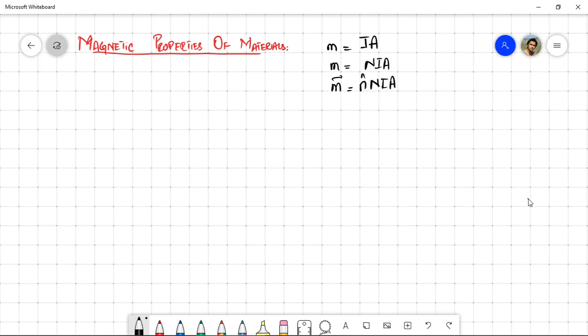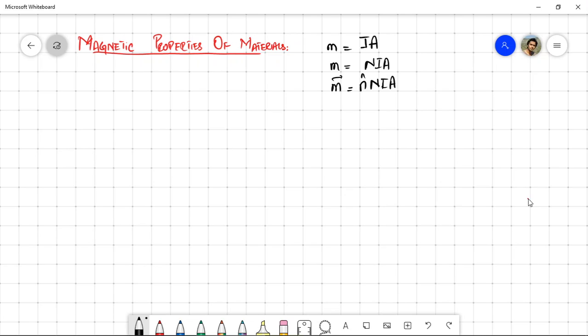Now coming back to the things that correspond to the behavior of the material. He's saying that magnetization in a material is associated with atomic current loops generated by two mechanisms.